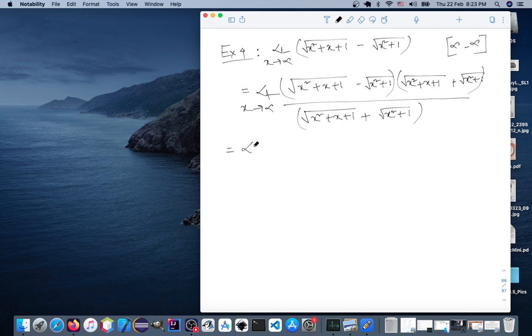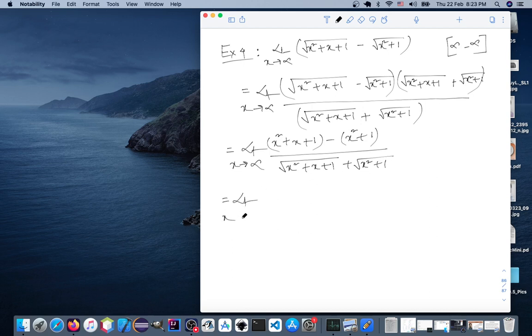So after rationalization, the numerator becomes x square plus x plus 1 minus x square plus 1, and we have here root over x square plus x plus 1 plus root over x square plus 1.